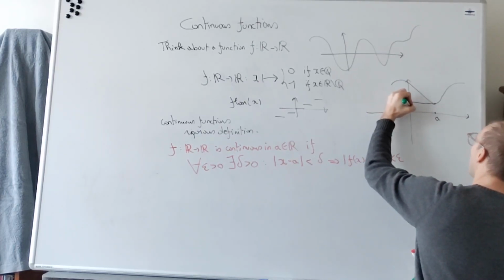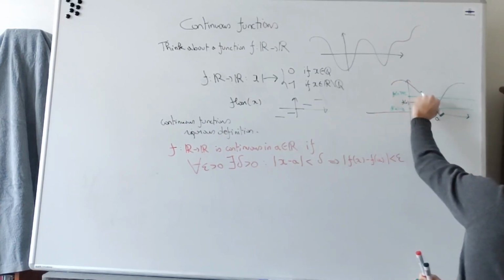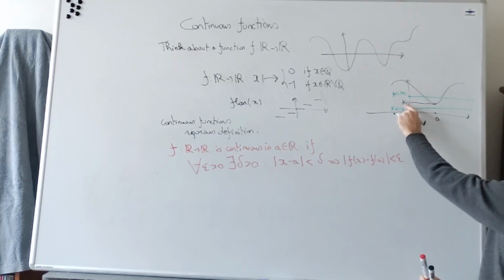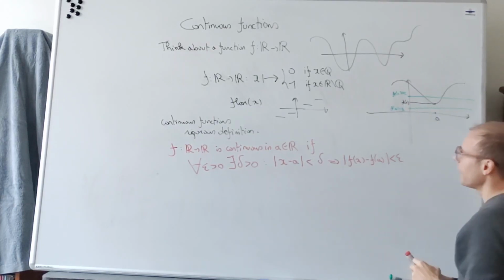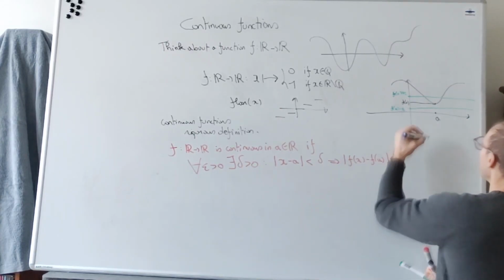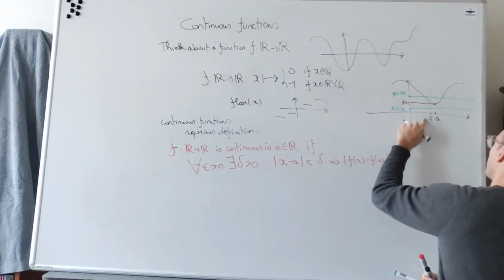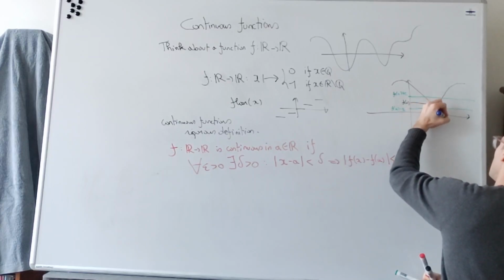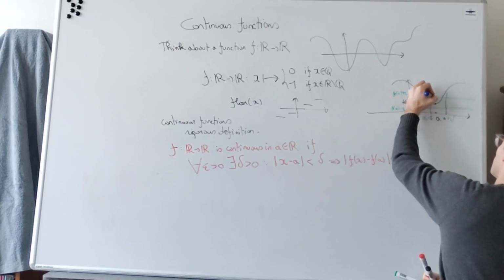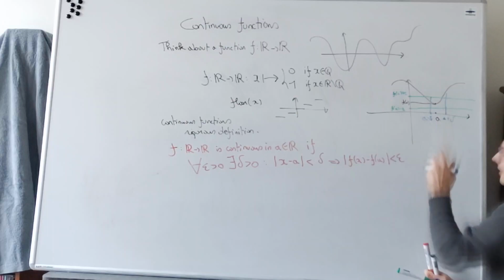So I can draw a strip which contains exactly in the middle the function value f of a. Well, then the definition says that I can draw actually a strip around a, from a minus delta to a plus delta, which says that if I'm in this strip, then my function value will also be in the green strip.